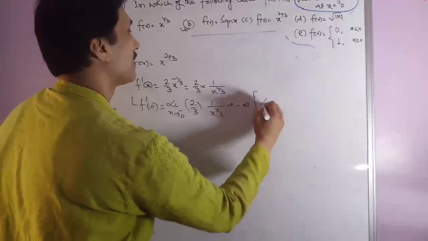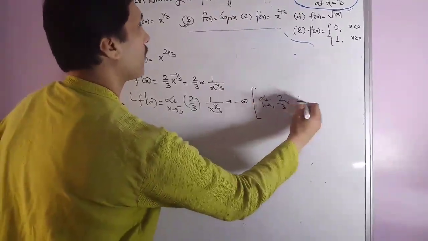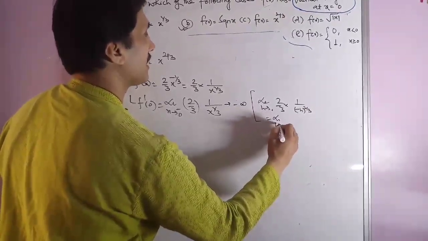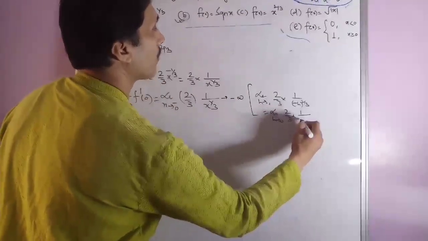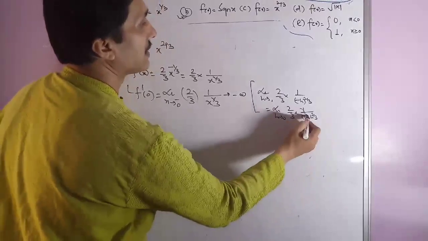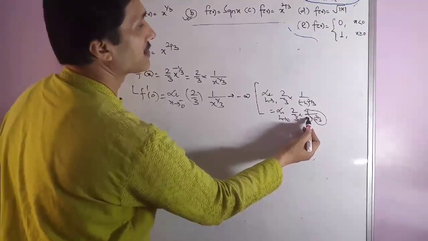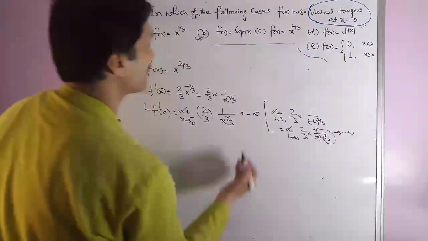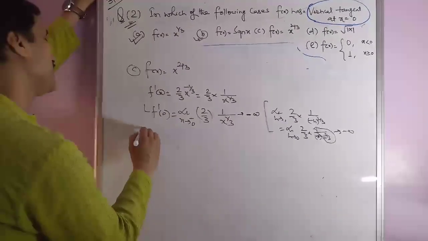Like this, limit h tends to 0, 2 by 3, 1 upon minus h to the power 1 by 3. This tends to 1 upon 0, infinity, and with minus 1 after multiplication tends to minus infinity. So the left hand derivative tends to minus infinity.